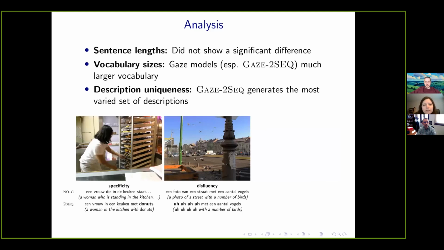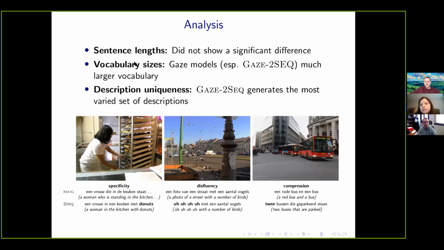I can at least tell you that the vocabulary sizes were very different. The gaze models, especially this one, had a vocabulary that was closer to human levels. So I think it affected the quality of the descriptions, and the semantics. But I don't have any significant statistics that I can tell you about. It was more an observation.